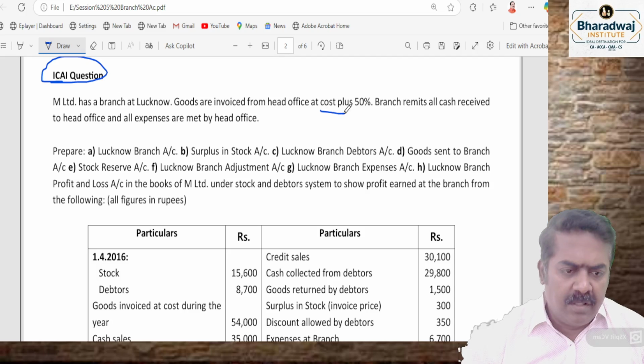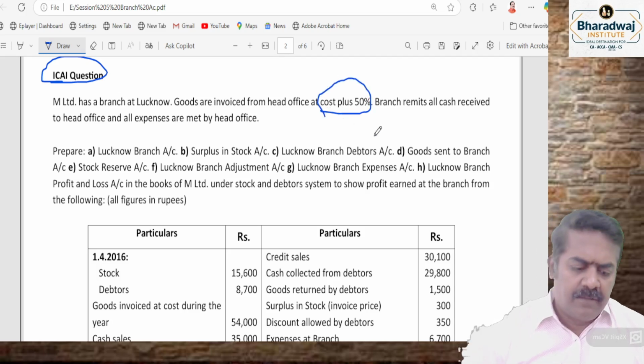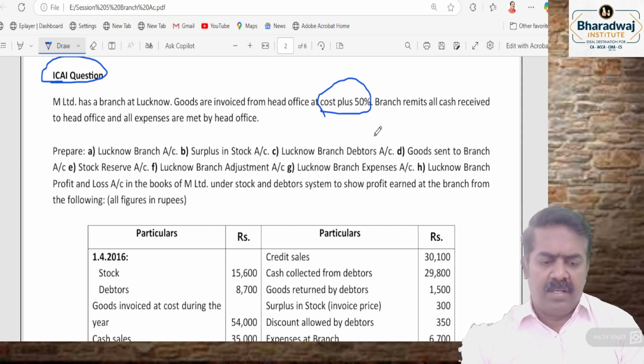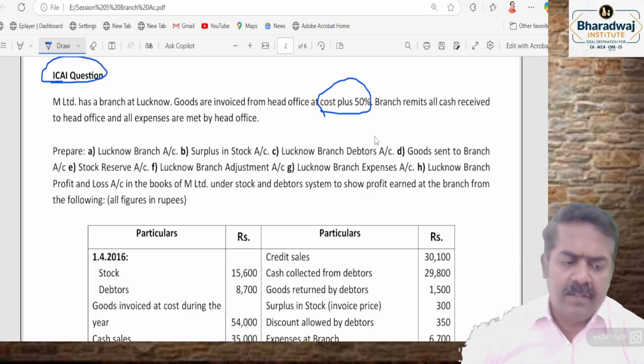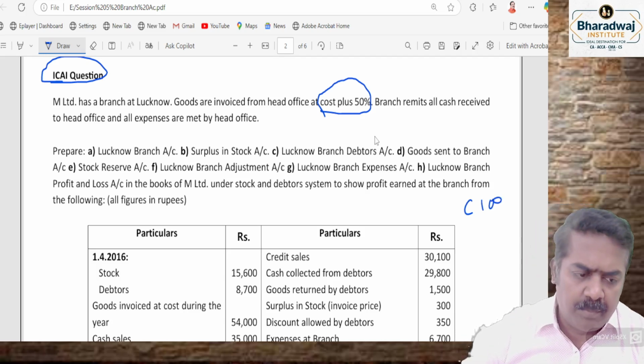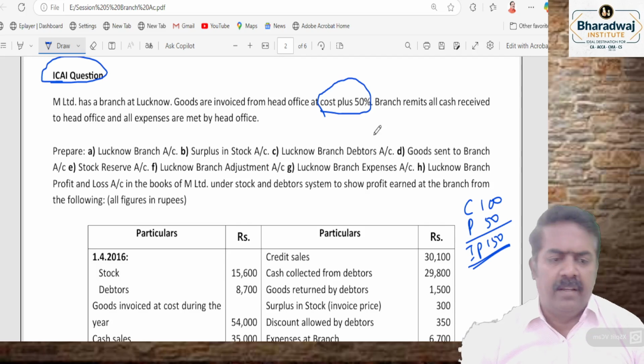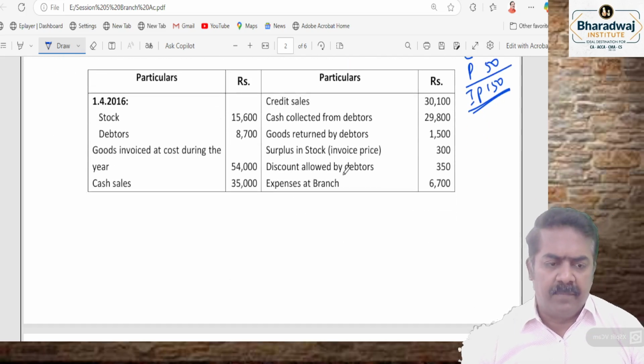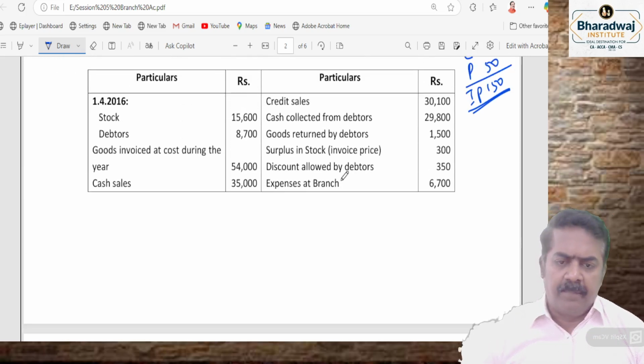Look at this question. Goods are invoiced at cost plus 50%. If cost is 100, profit is how much? 50. Invoice price will be 150. So while removing loading, we will apply 50 by 150. Only this much data.